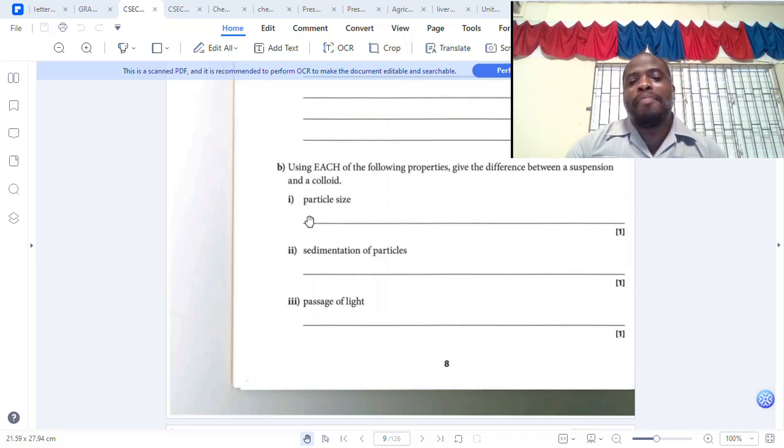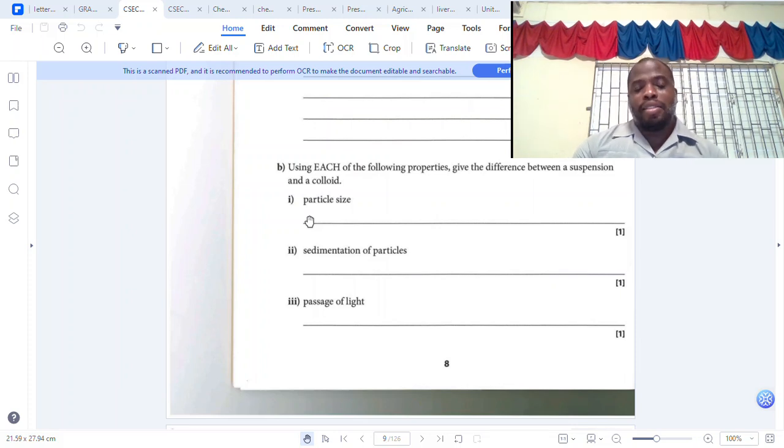In terms of sedimentation of particles, meaning it will settle out, the suspension, if left undisturbed, again, prime example, soil and water, the components will settle out. While for colloids, the components will not settle out. You won't see a difference in the components that make it up.